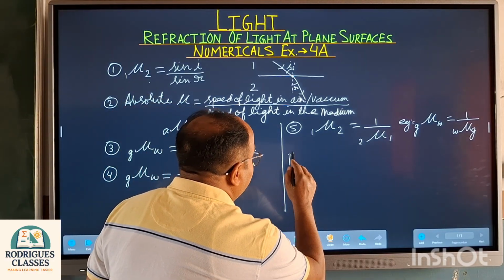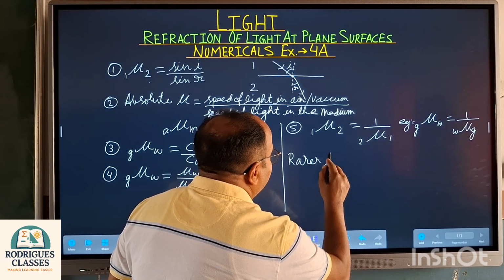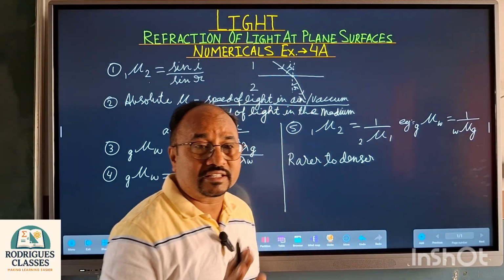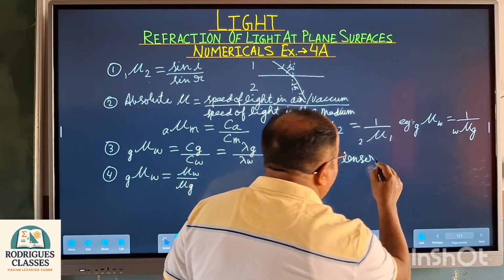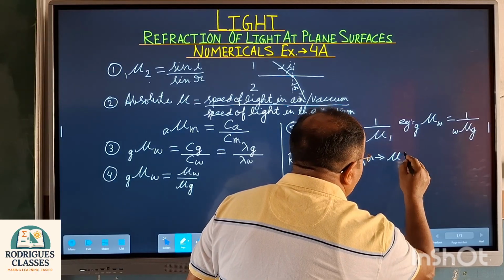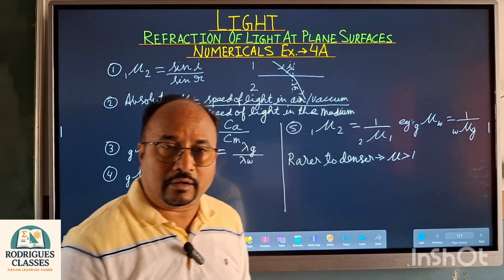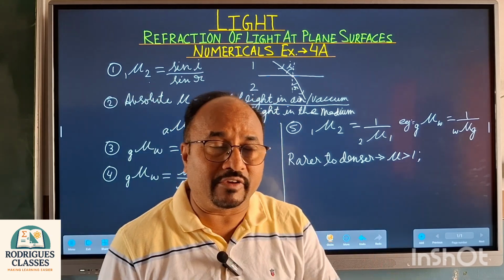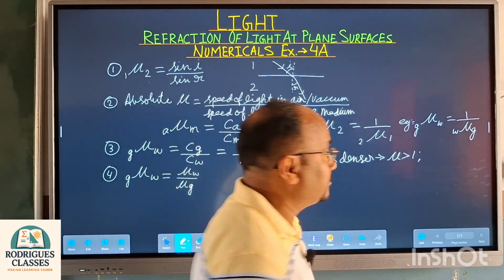If light rays are going from rarer to denser, in this case, remember mu will be greater than 1. So refractive index will be greater than 1, and the wavelength, remember, will decrease.